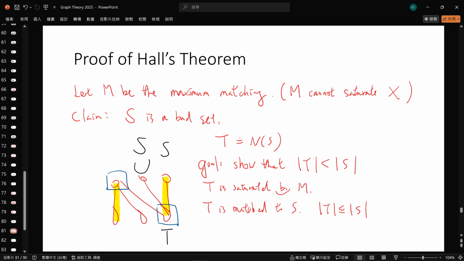The reason is that S also contains U as a subset. The reason that we have U is because M cannot saturate X, so U cannot be empty.